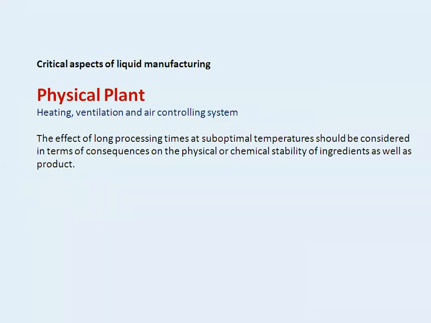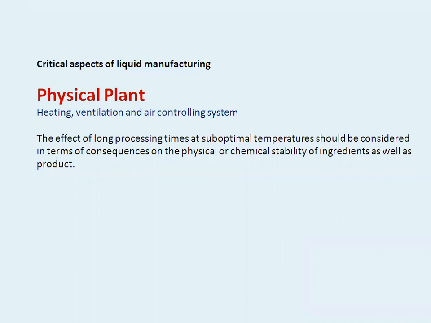Then what critical aspects should we know when we talk about liquid dosage form manufacturing? Number one, physical plant. In that physical plant, what is there? Heating, ventilation, and air conditioning. This is called the HVAC system.